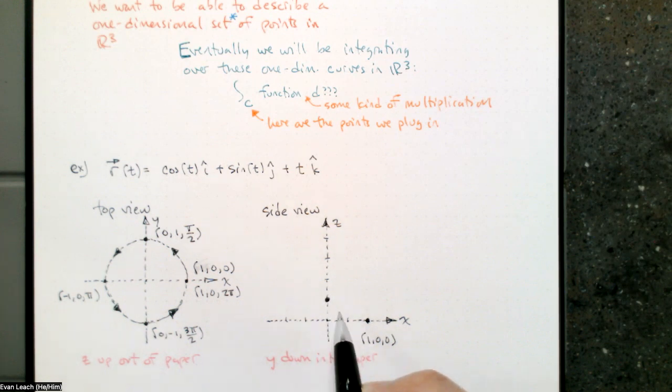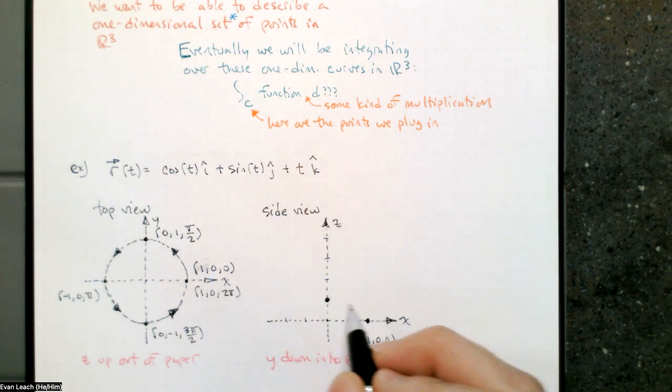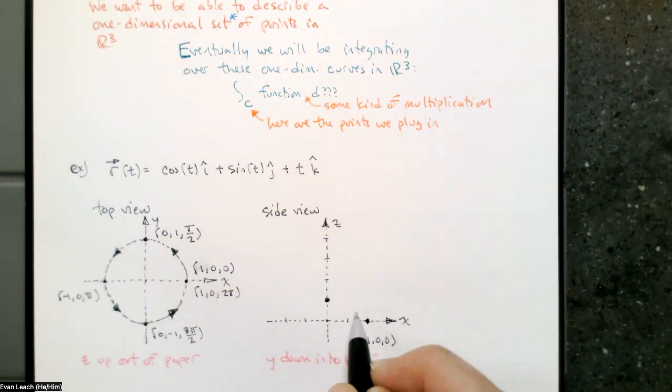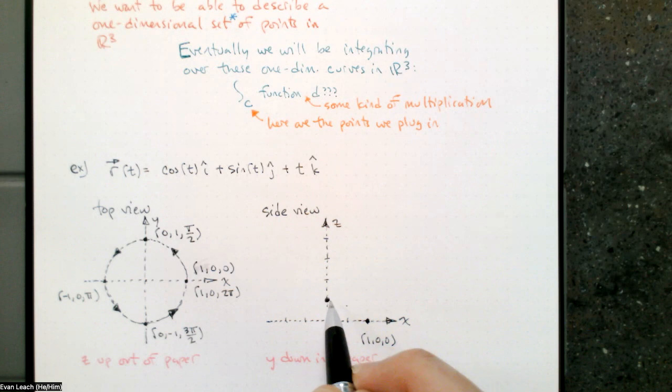I know it looks like I drew it right on top of the paper, but I assure you it is 1 unit down underneath the paper. I didn't divide this in threes; it would have taken up too much space. Here is going to be the point 0, 1, pi over 2. We can't see the y, so we're at 0 and pi over 2.